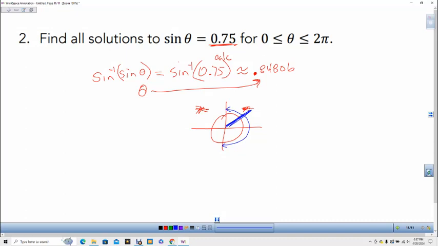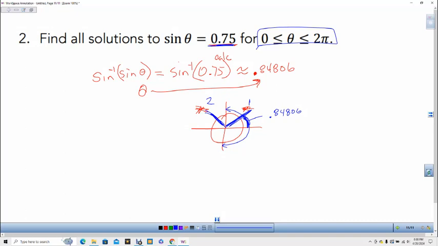But we're looking for all the values on 0 to 2 pi where we have a sine value that is a positive 0.75. Sine is positive once again in quadrant 1 and quadrant 2. So we need to find in quadrant 2 where we're going to have a sine value that is 0.75. If this angle right here is 0.84806 radians, we need to find an angle over here that matches it so that the y value is exactly the same.